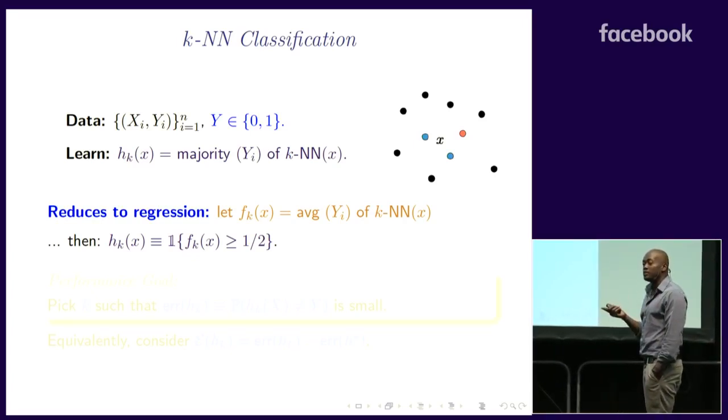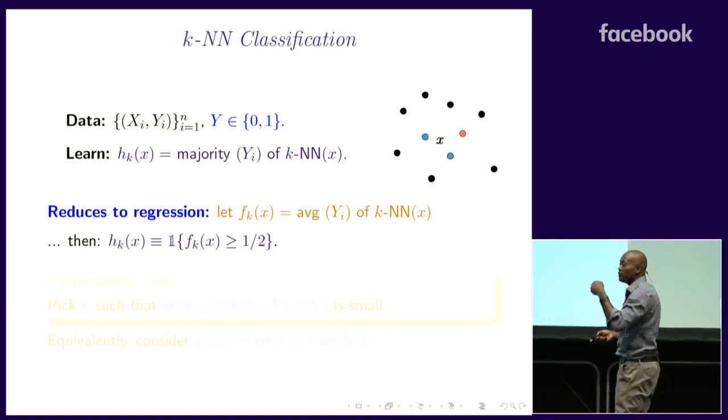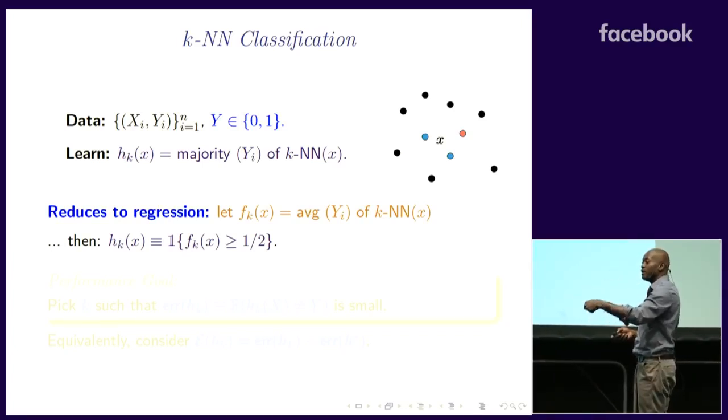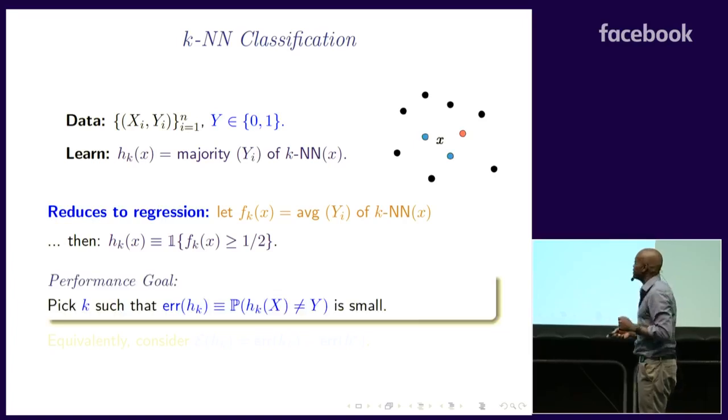And now the question that comes up is, okay, if the regressor f_k of x is close to what it's estimating, I'll say in a second what it is estimating, then would it be that the nearest neighbor classifier is doing well, right? Can we reduce the error of nearest neighbor classification to the error of nearest neighbor regression?